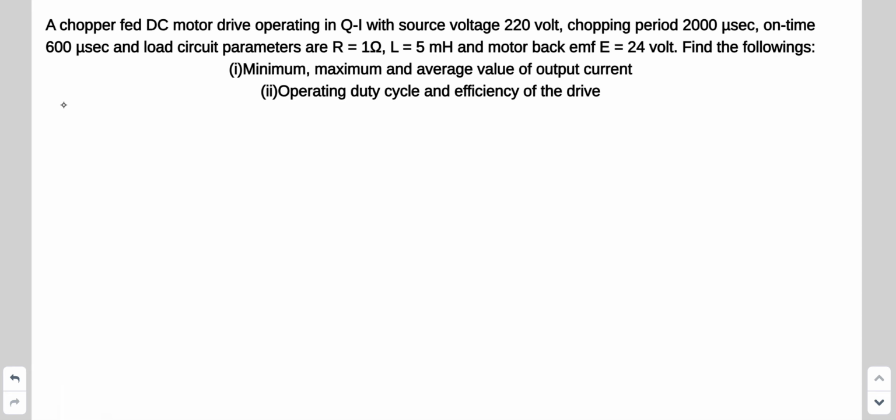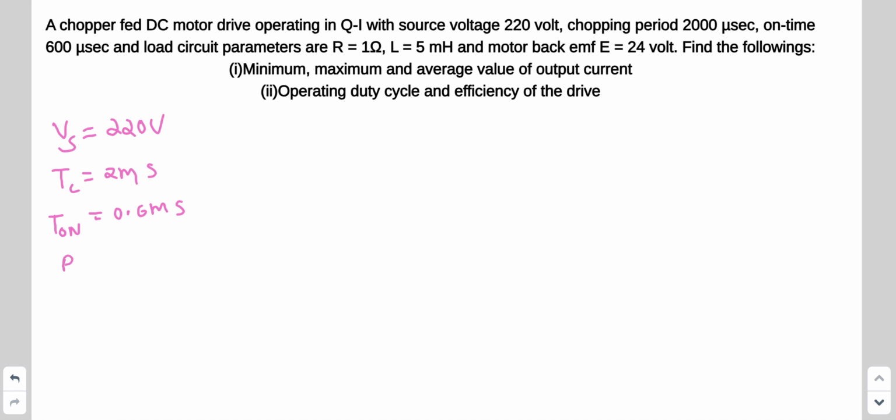So we have given Vs is equal to 220 volt, chopping period is given as 2000 microsecond, we can write it as 2 millisecond, and T on time is 600 microsecond or 0.6 millisecond.